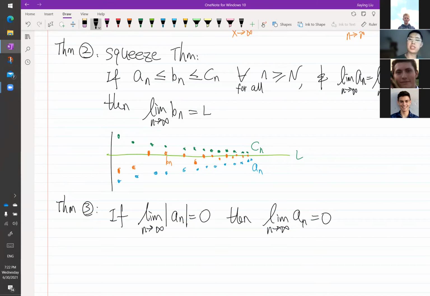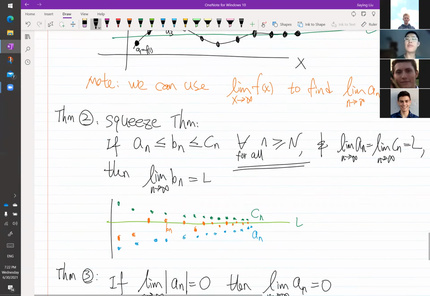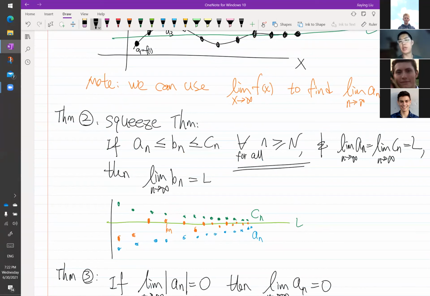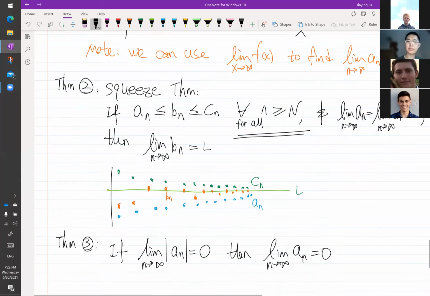The reason we keep this capital N here: it doesn't really matter whether it's greater than n or greater than or equal to n. That equal sign barely makes any difference in all the cases.